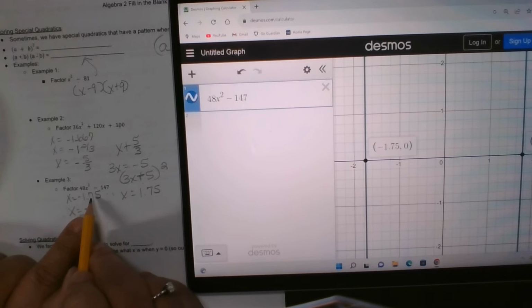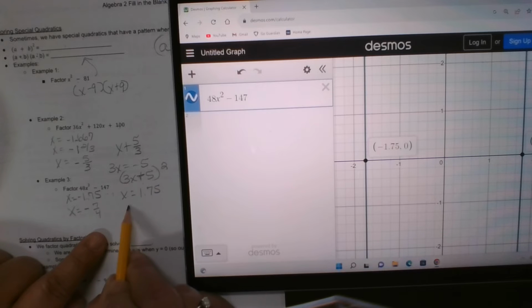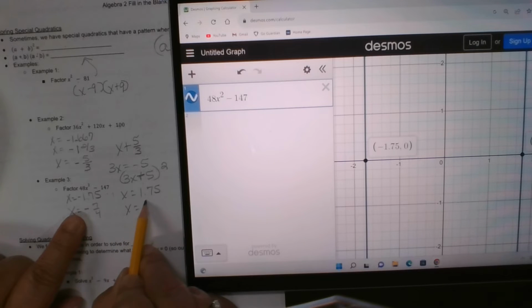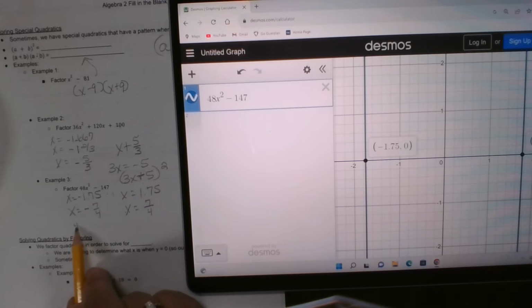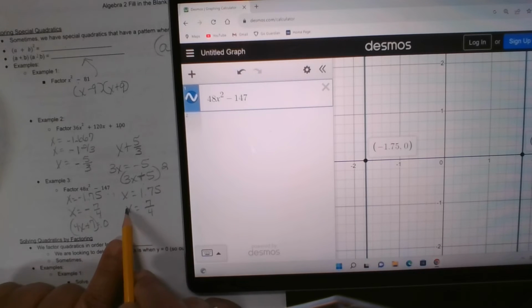That becomes 1 3/4. There's 4/4 in 1, so this is 7/4, and this is 7/4. Multiply both sides by 4. Add that 7 over to get this factor where it equals 0. Here we go. Multiply by 4 with 4x. Take that 7 away.